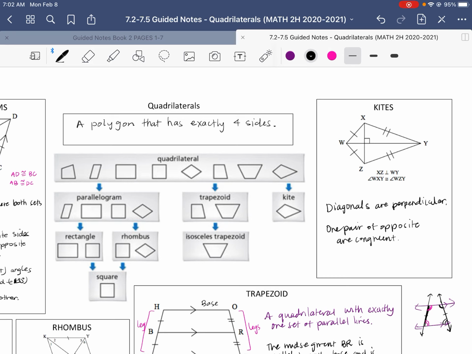Okay, so a kite, if you look up here, is a quadrilateral where these two segments are the same length and these two segments are the same length. When that happens, again, it creates diagonals that cross at a right angle, and we will use these later when we've done some trigonometry, and we'll actually find various lengths within the trapezoid. They also have a set of opposite angles that are the same.